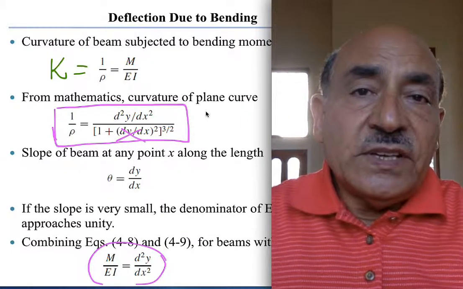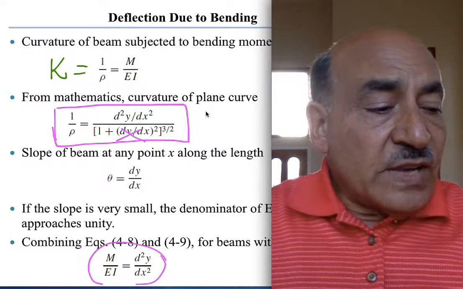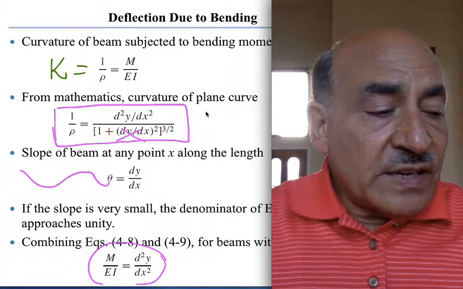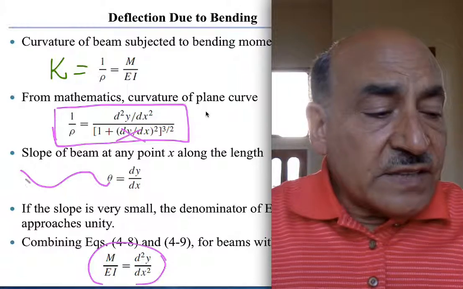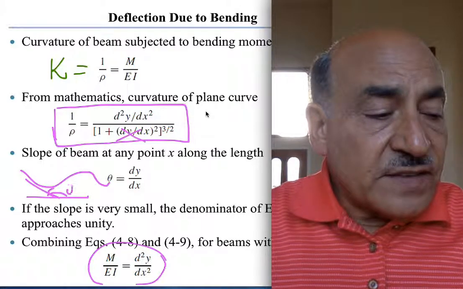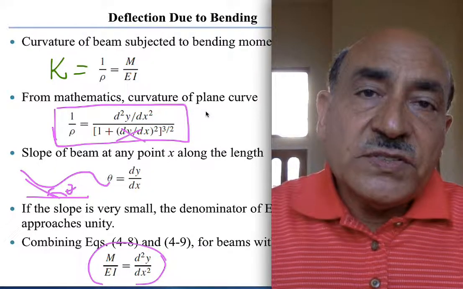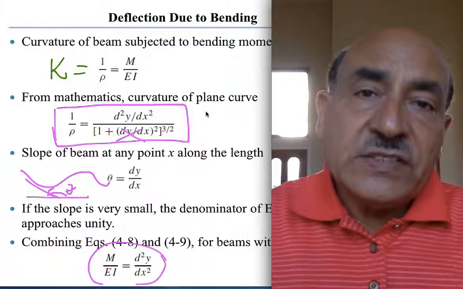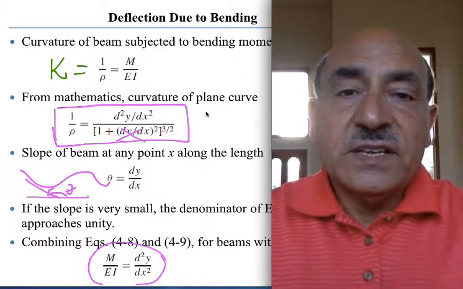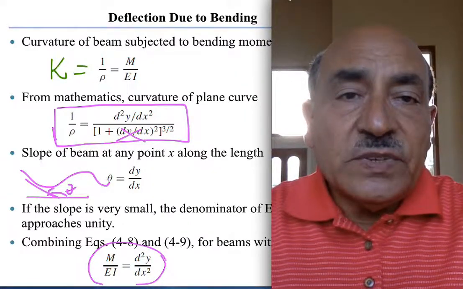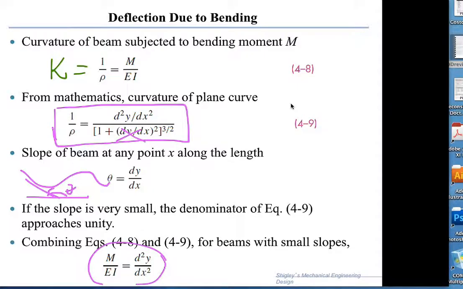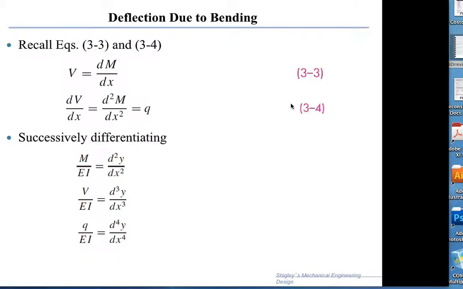And then if we also think about a beam line like this, if we take the slope of this line, this angle theta will be the first derivative of the deflection curve with respect to x. So these are the principles that we will use. Let's see how we're going to use that in calculations of beam deflection.